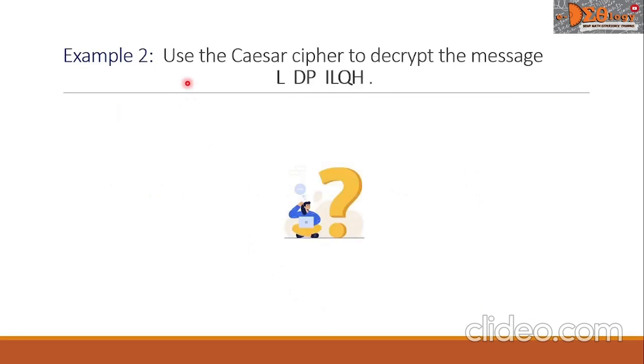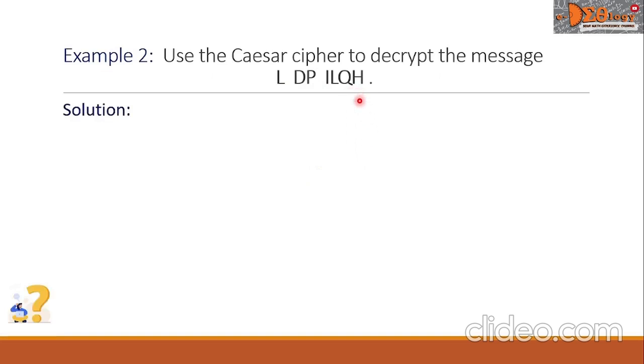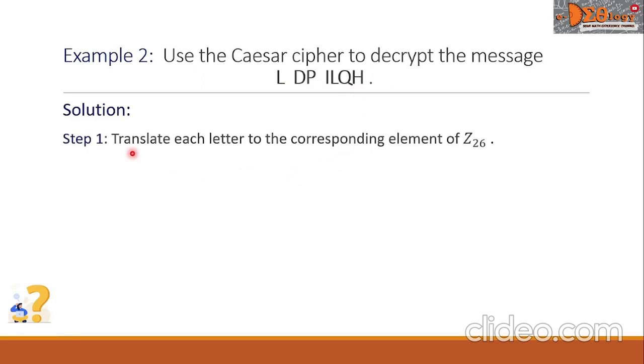Example 2. Use the Caesar cipher to decrypt the message capital L space capital D capital P space capital I capital L capital Q capital H. For step 1, we will translate each letter to the corresponding element of Z sub 26.